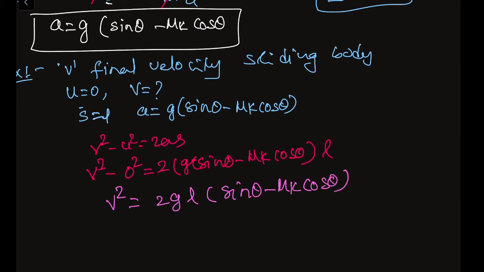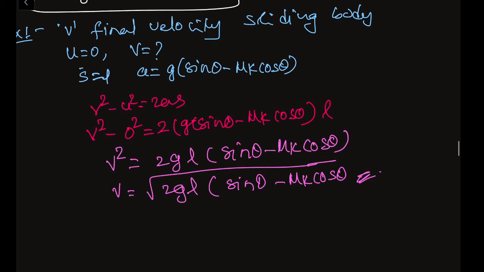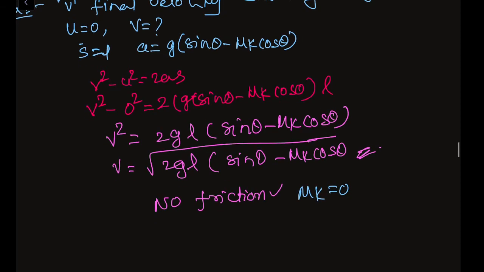Then the final velocity v is the root of 2gl into sin theta minus mu k cos theta. Got it, children? Very important thing. If there is no friction, mu k value is 0, so we substitute that in mu k.